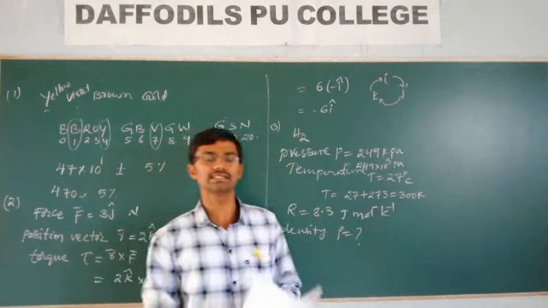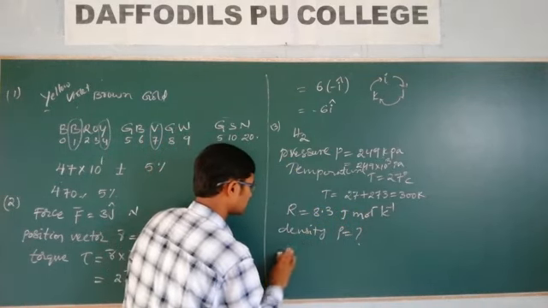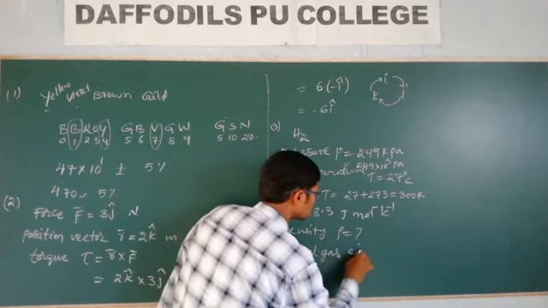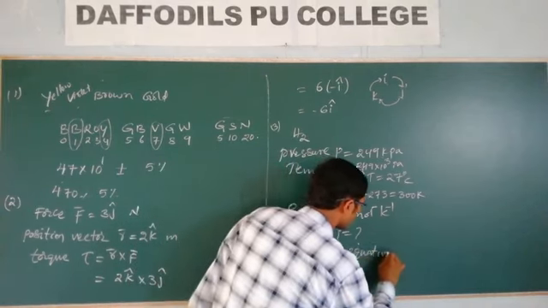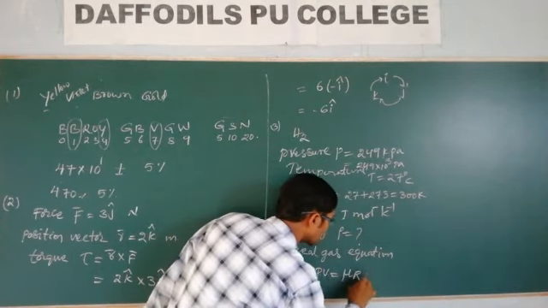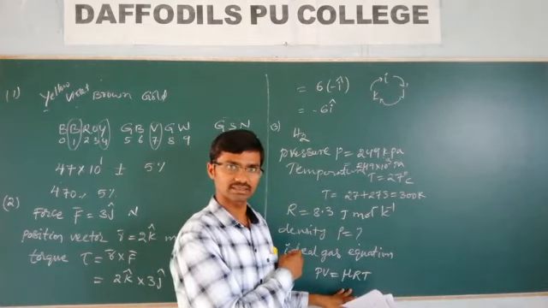From the ideal gas equation, we know that PV equals nRT, that is, PV equals mu RT, where mu represents the number of moles of gas.